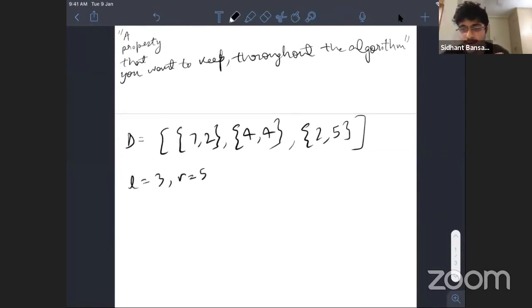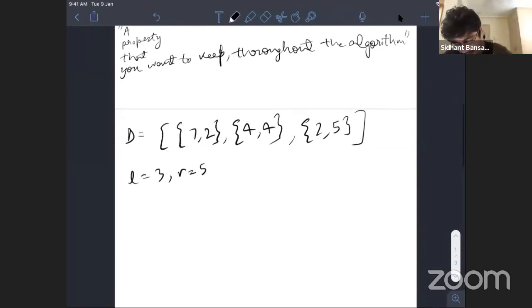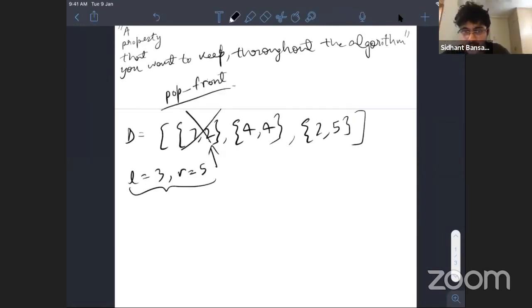That means you are trying to get the max of the A[L] to A[R] window. Then when you see the front, you see 7 2, you should pop it out. By popping, I mean you're doing pop_front, because you're accessing the front and popping it out. You're popping this because this is an old element. This is not actually present in the range anymore. So we are still maintaining the invariant that 7 is bigger than 4, which is bigger than 2.